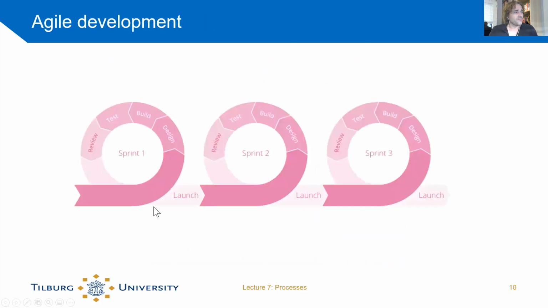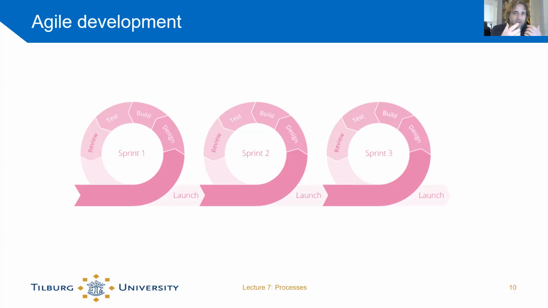If you look for agile development, you get figures like this, though they may be different in different sources. But it basically means that we still have a kind of process going on. I'm again using my hands to point out on screen, but it doesn't matter. If you look at it from left to right, we start and we end somewhere, but we define the process in different sprints.